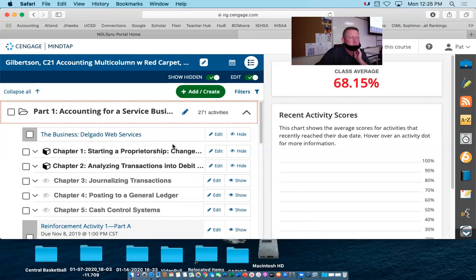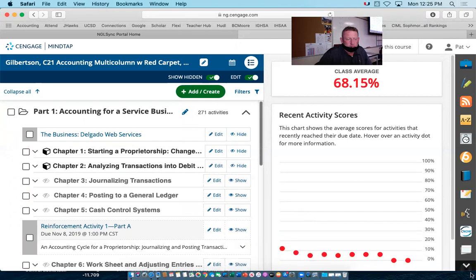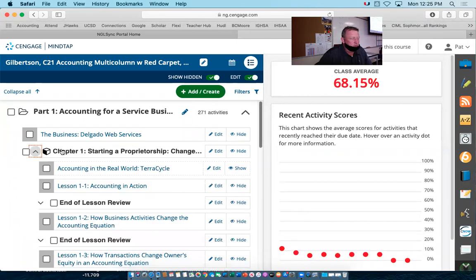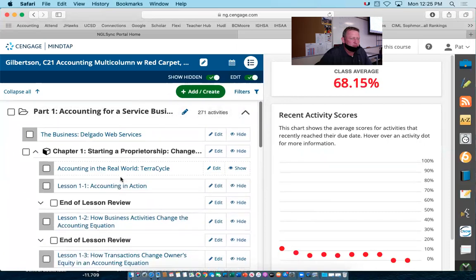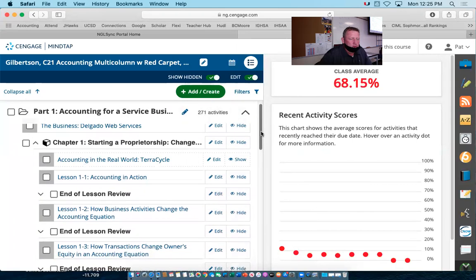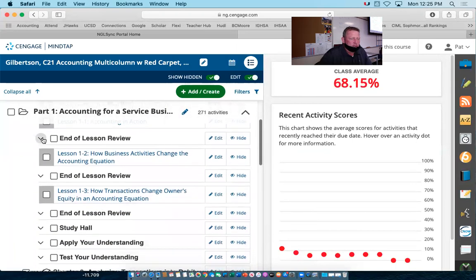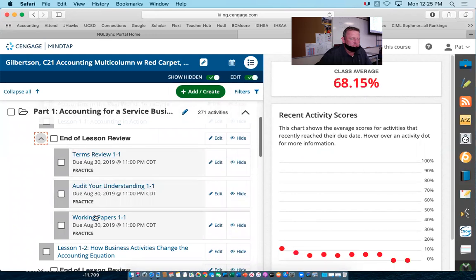Okay. What we could do, so a little bit about the class. When you click, these are all little down arrows, and it goes up and down. In chapter 1, there's a lot of information. This is the online book, 1.1, 1.2, 1.3. At the end of each section is lessons.